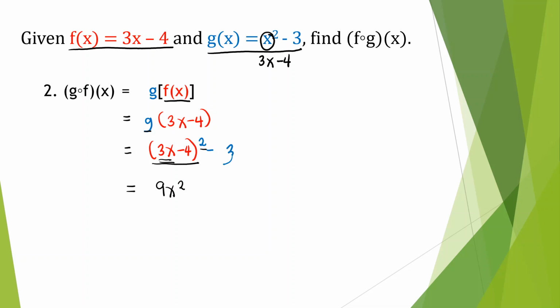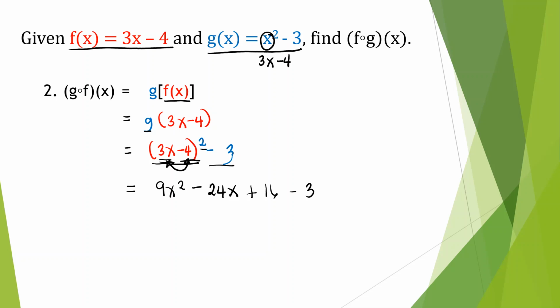To get the middle term, we have to multiply the first and the second term, and then multiply it by 2. So 3x times negative 4 is negative 12x, times 2 is negative 24x. To get the last term, we square the second term of the binomial. Negative 4 times negative 4 is positive 16, minus 3.